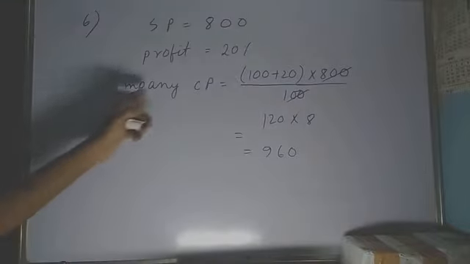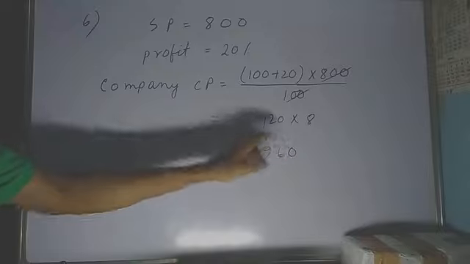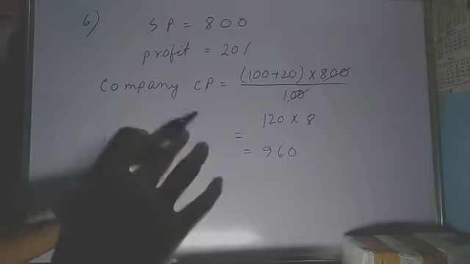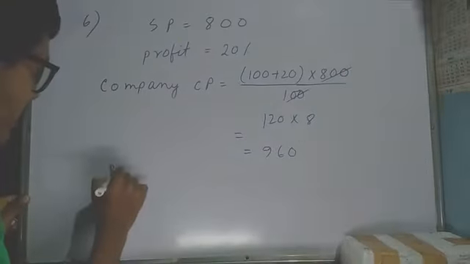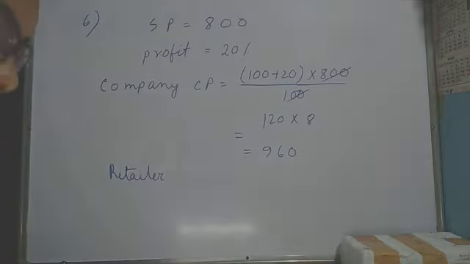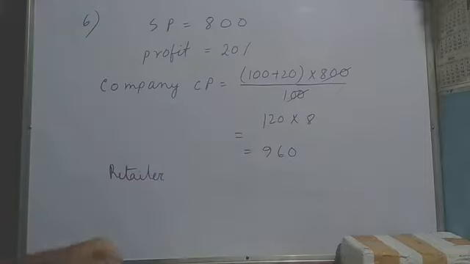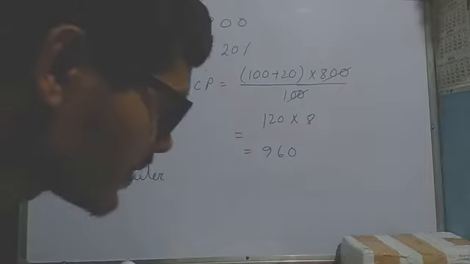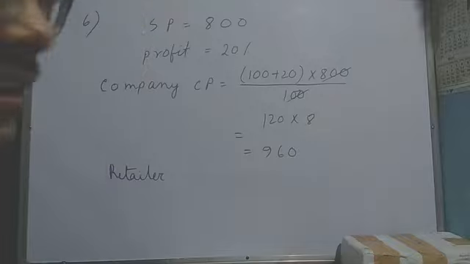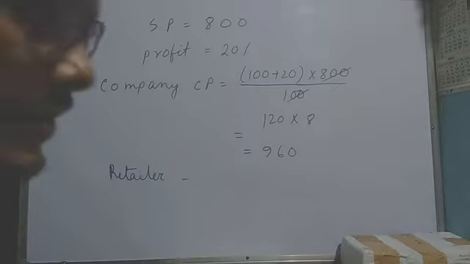See, the company is selling the product at 960 rupees, and the retailer is buying the product at 960 rupees. How much profit does he want to make? 50%.